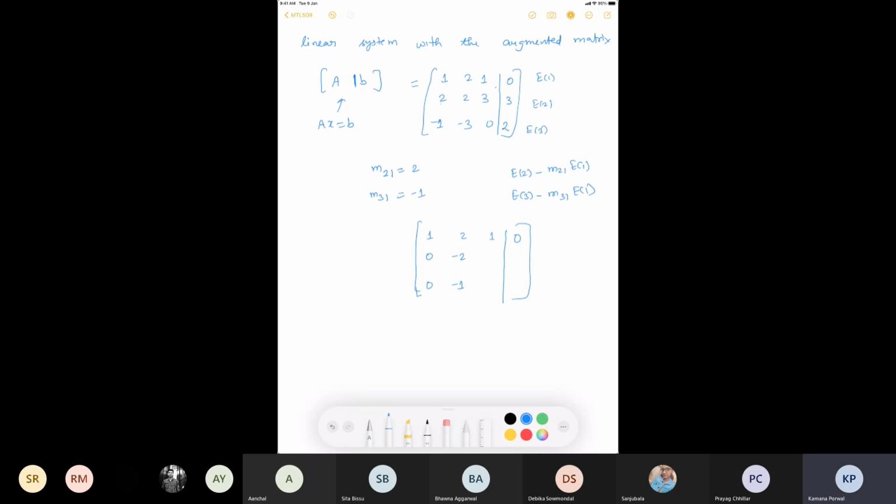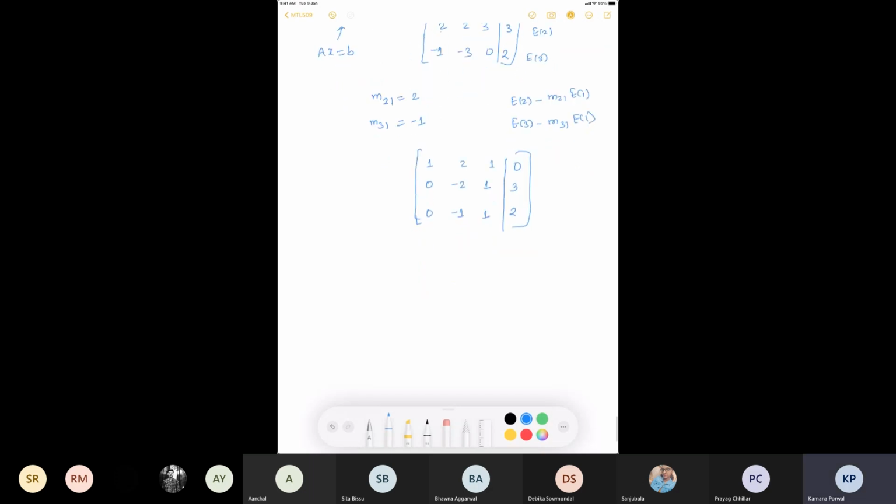And then 3. In the third row we have 3 minus 2, so we'll get 1, and 0 minus -1, so this is also going to be 1. And since this entry is 0, this will remain as 3 to itself.